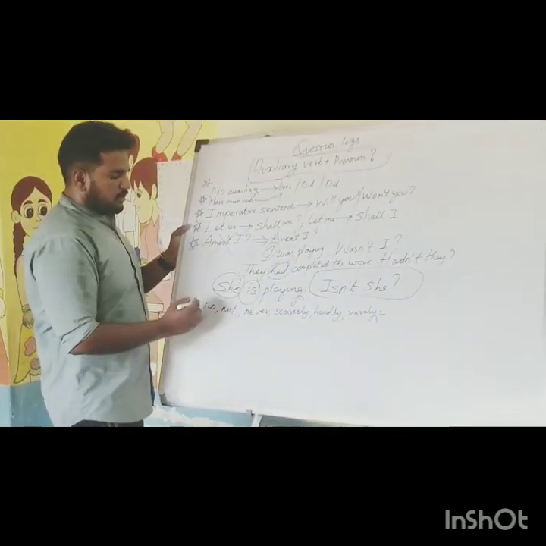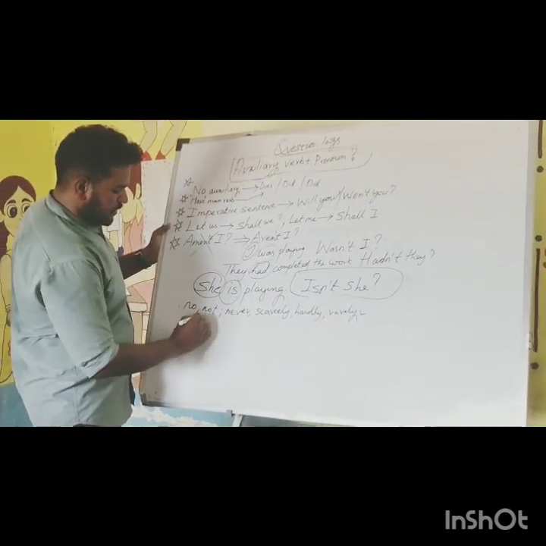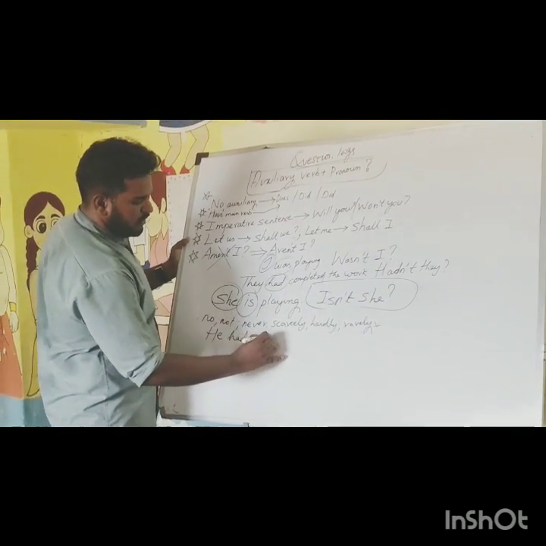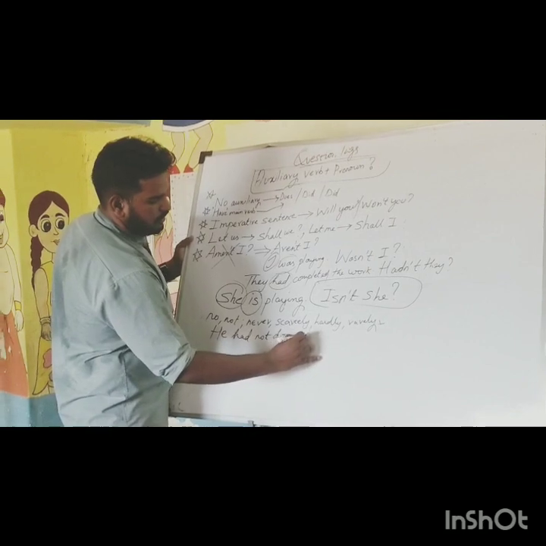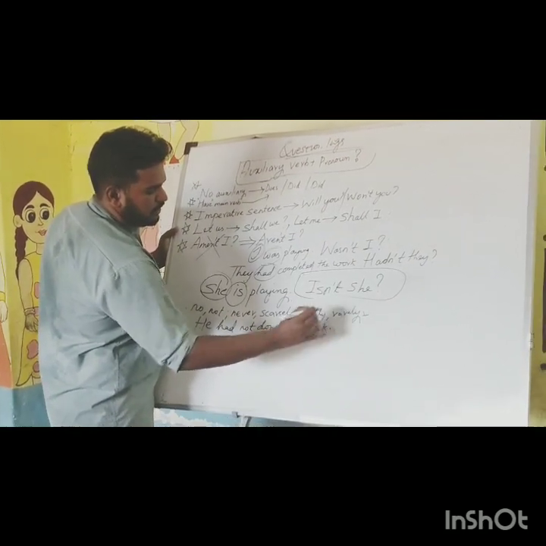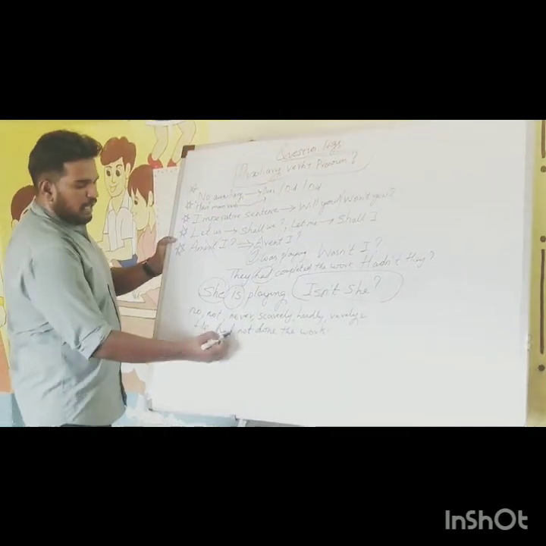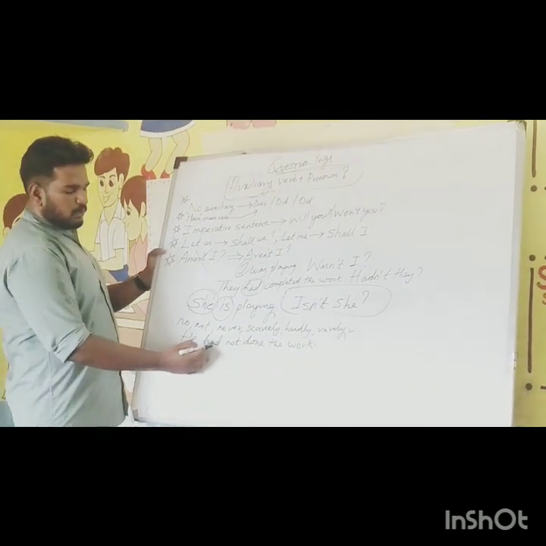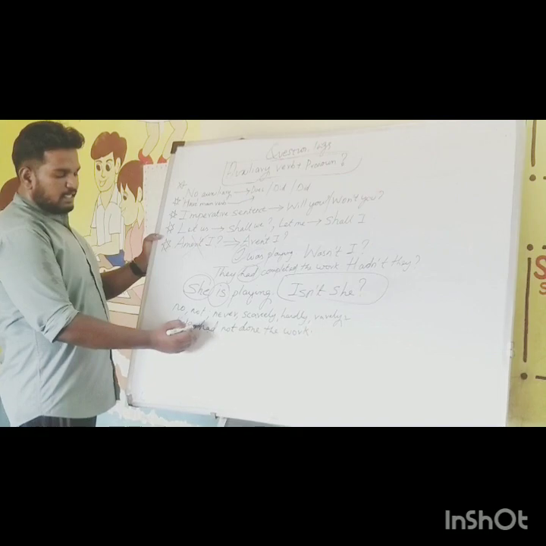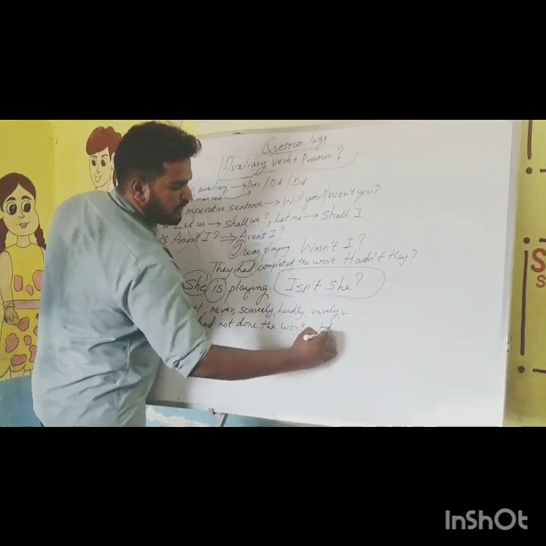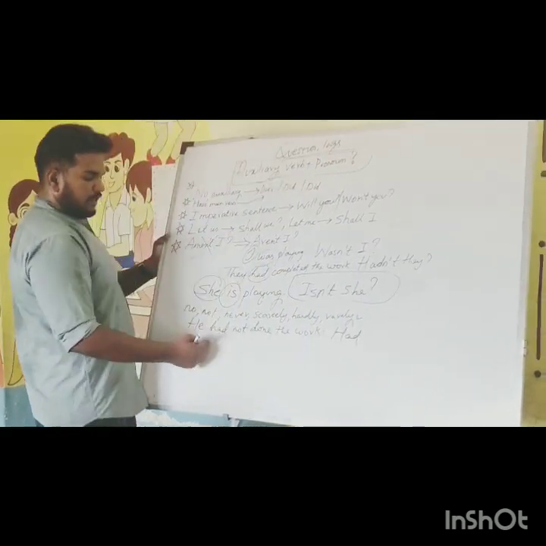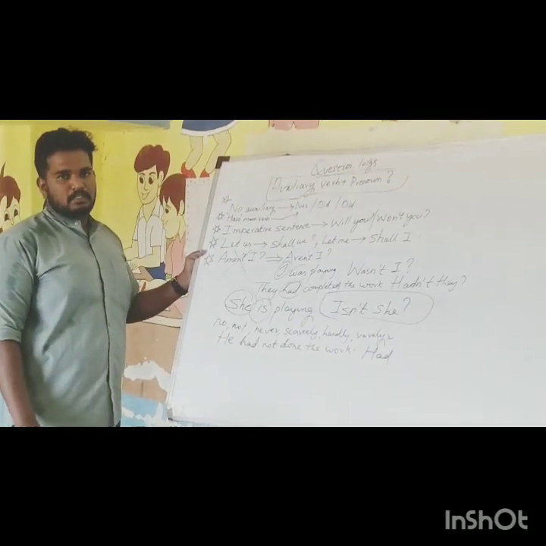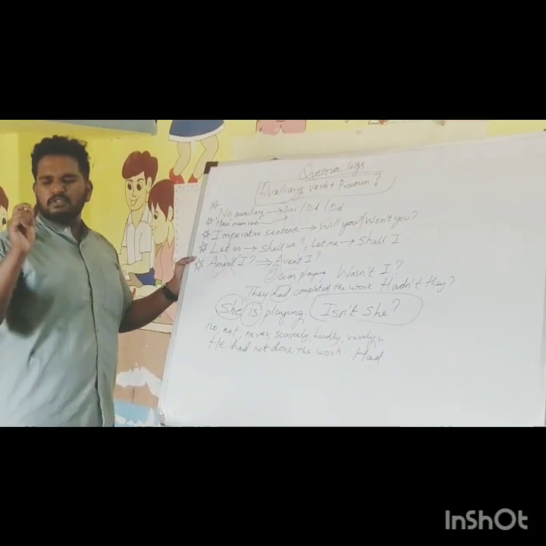Now a negative statement I will write: he had not done the work. Here had not done: the main verb is done, and the supporting auxiliary verb is had, H-A-D. So he had not done the work is a negative statement, so you have to have a positive tag.